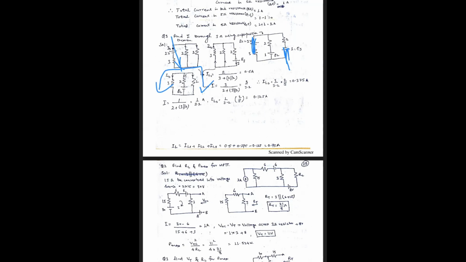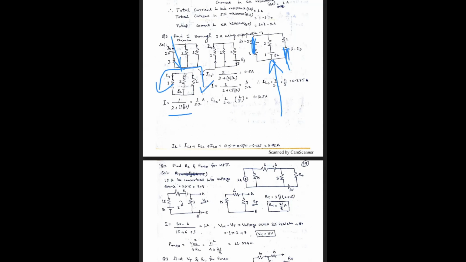So we can calculate. This is the effective resistance. Effective resistance is same, 3.2. But since the voltage source is 1 volt, the current which is flowing becomes 1 upon 3.2.